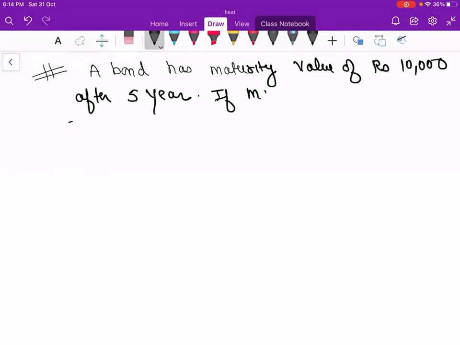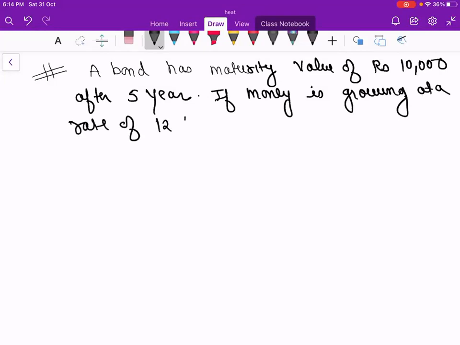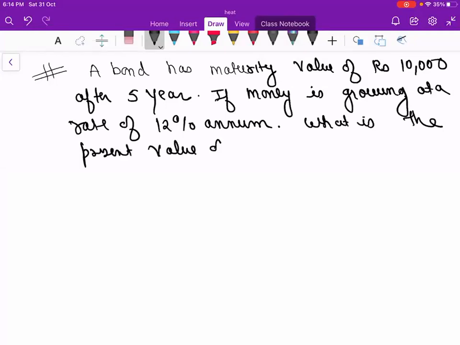If money is growing at a rate of 12% per annum, what is the present value of the bond?